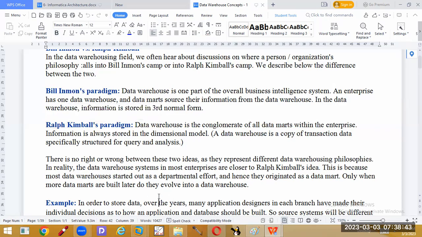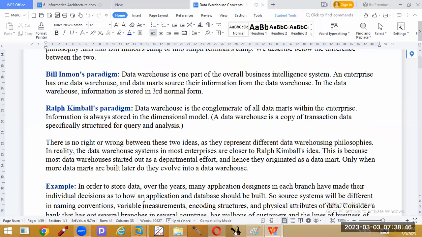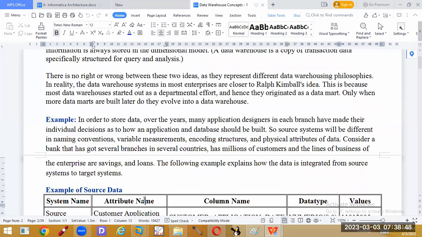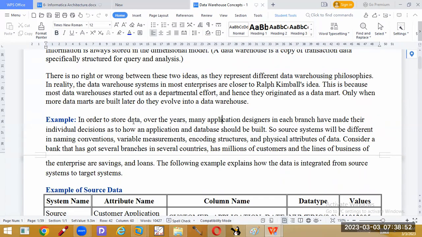Okay, some examples. In order to store data over the years in many applications, right, why is he saying the data is stored over there? Like we are using the ERP and we are storing the data over here. Many application designers and each branch have made their individual decisions, right? Suppose a store layout, an outlet opened by Amazon, or you can take any example, a grocery store.